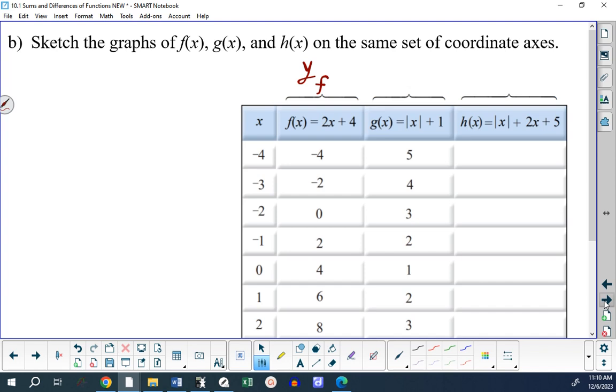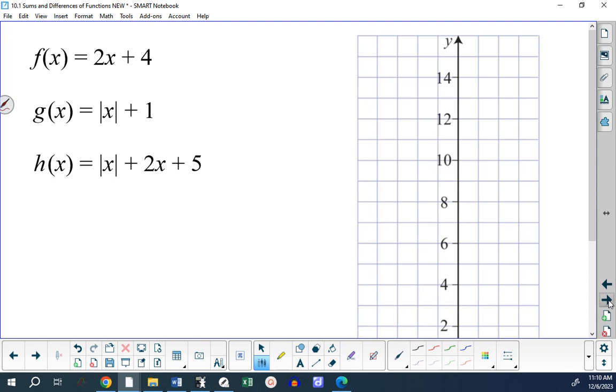Let's sketch y equals 2x plus 4. We're not going to use the table of values. You should know that the function y equals 2x plus 4 has a slope of 2 and a y-intercept of 4. You should know it's a linear function. So on our graph, I'm just going to lay down a few lines here.